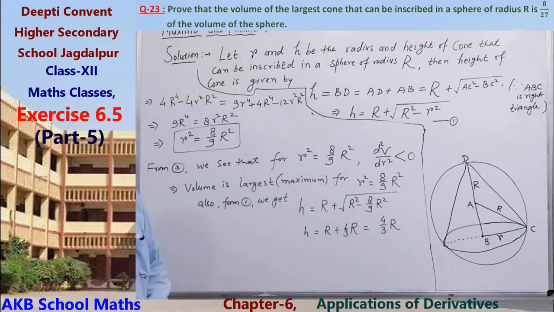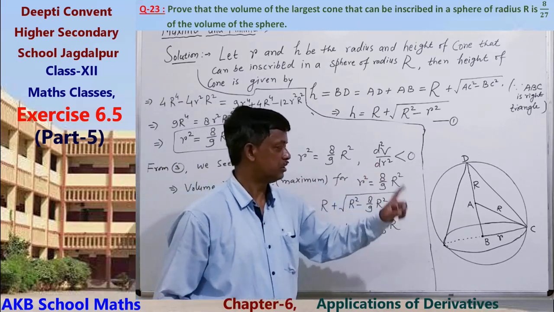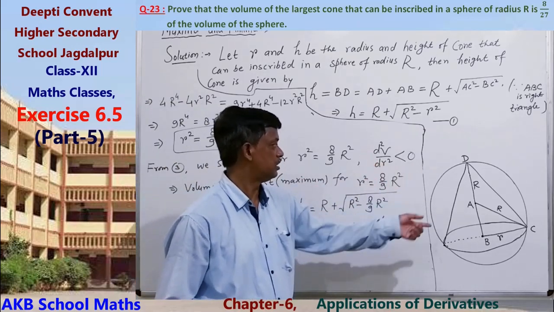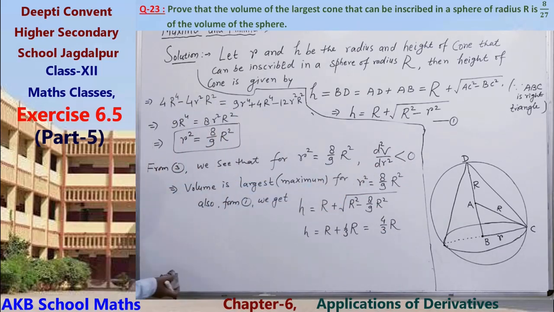Now, finally, we have to show the volume of the cone is equal to 8 by 27 of the volume of the sphere for this value of r, that is for this value of h. Okay.